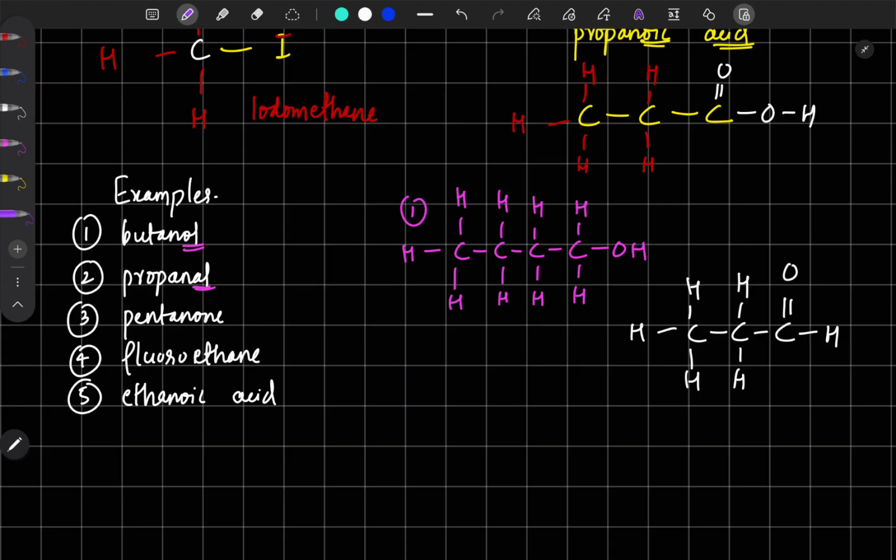Don't attach hydrogens to this carbon. If you attach it like this, look at the number of bonds: 1, 2, 3, 4, 5. 5 bonds are there, so it's not required.